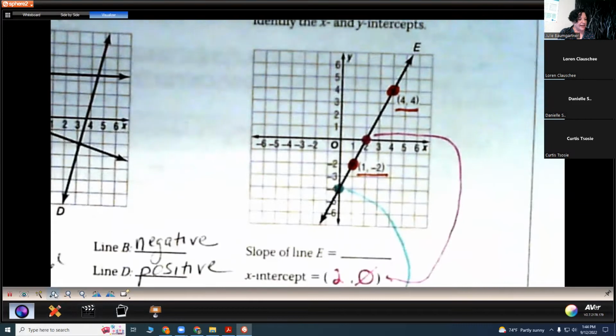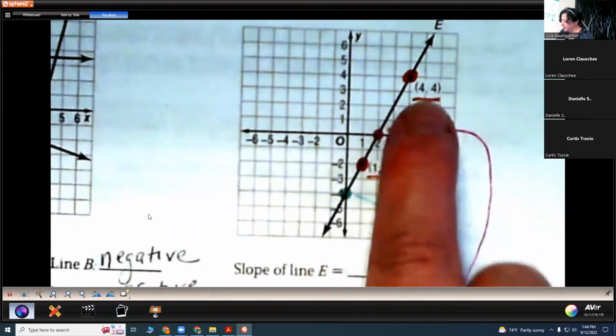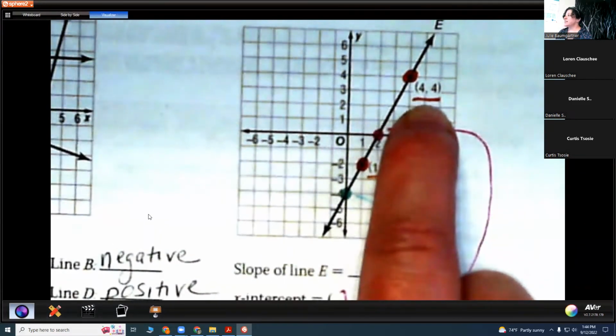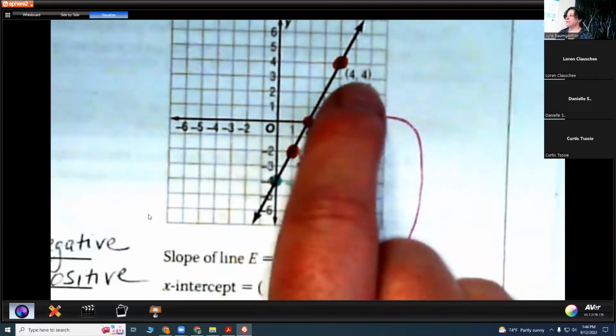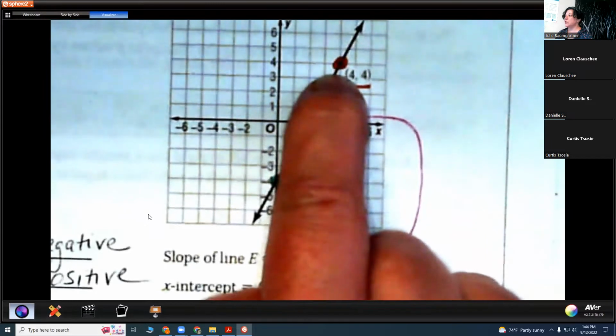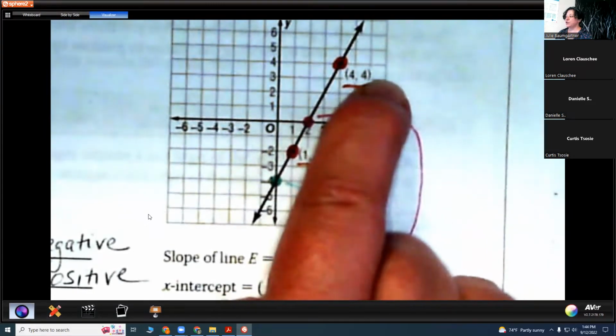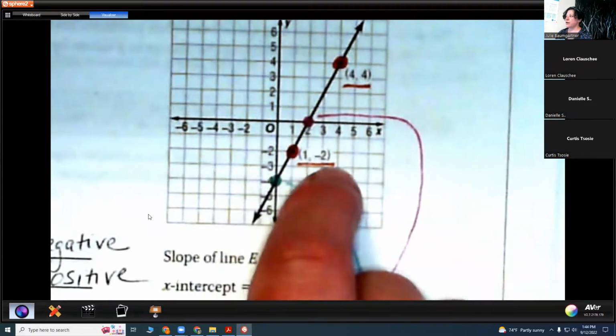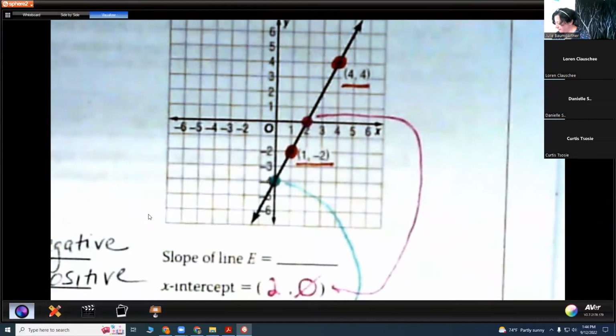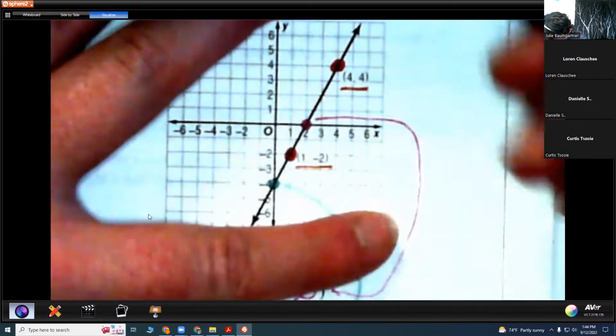Like I said, I usually look at my 2 points and think, this value looks bigger than these ones. So I'm going to call this x2 and this one y2, and I'm going to call this x1 and y1.